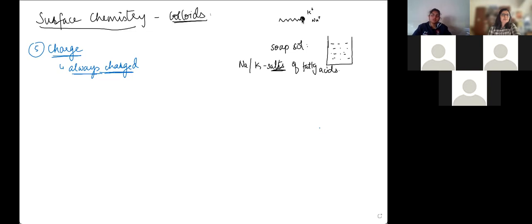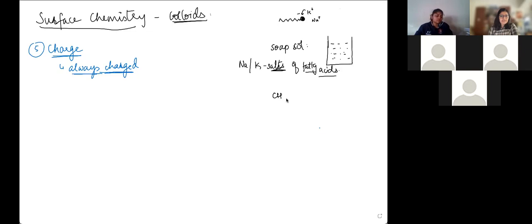what charge would you expect to be on the head, the hydrophilic end? Positive. What charge? Positive, why? Negative, no, because K plus and Na plus are already plus, so they are attracted to the negative charge. See, Ansh, fatty acids are carboxylic acids.